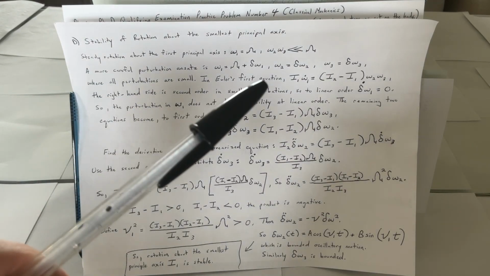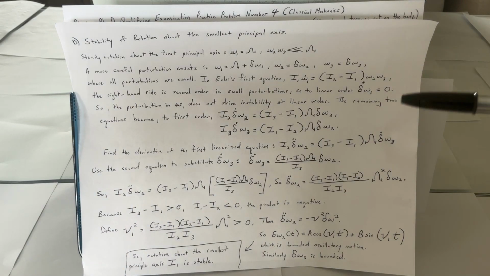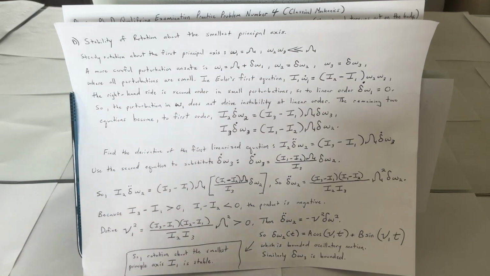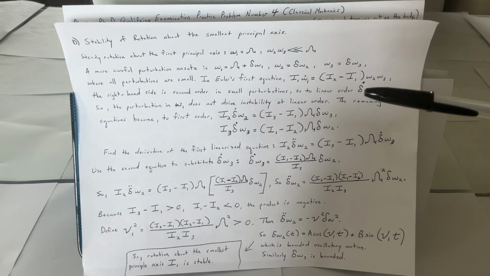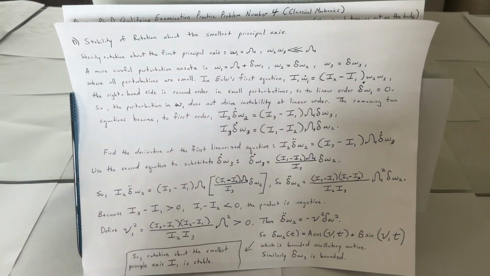And in Euler's first equation, I sub 1 omega sub 1 dot equals quantity I sub 2 minus I sub 3 times omega sub 2 omega sub 3. The right-hand side is second order in small perturbations. So at linear order delta dot omega sub 1 equals 0. So the perturbation in omega sub 1 does not drive instability at linear order.